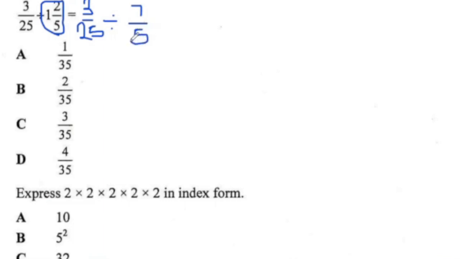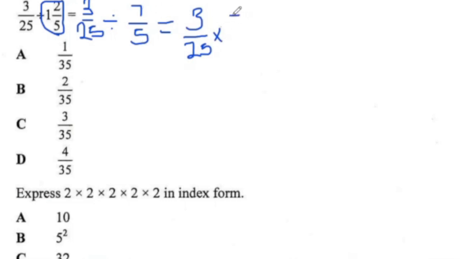Okay, 7 over 5. Once we have done this, the next thing we're going to do is we're going to have equal to, then we are going to flip this. We'll change this sign to be a multiplication sign. That means we're going to have 3 over 25, then times, this one is going to flip.